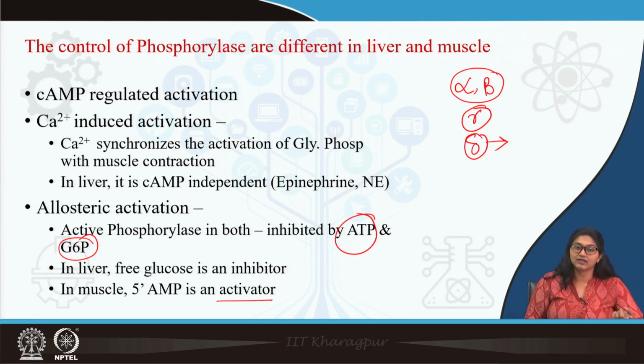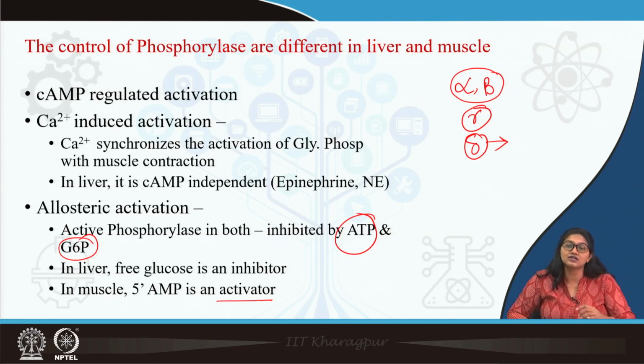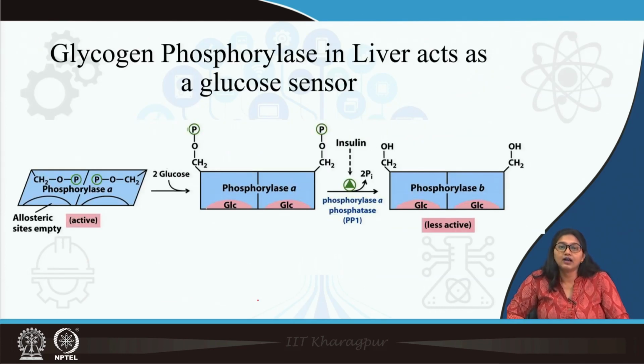In liver, 5' AMP is not an activator, whereas in liver free glucose is a molecule which inhibits the phosphorylase enzyme. Now, let us see how this occurs.